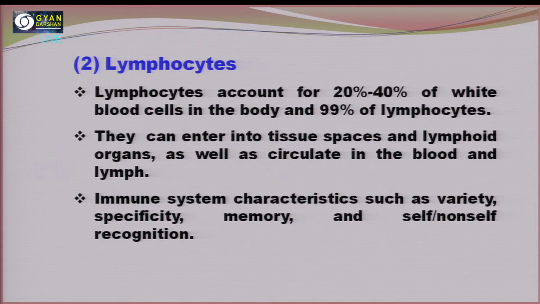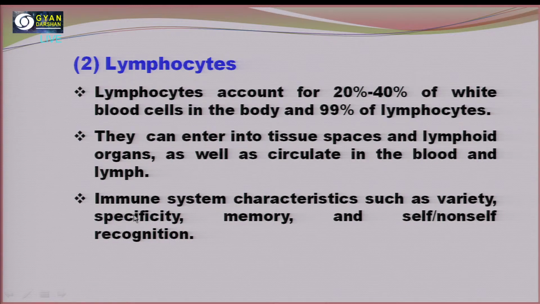Another is lymphocytes. Lymphocytes account for 20% to 40% of the white blood cells in our body. They can enter into the tissue spaces and lymphoid organs, as well as circulate in the body and the lymph.